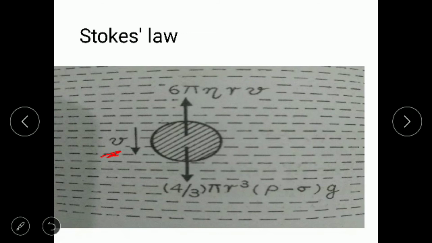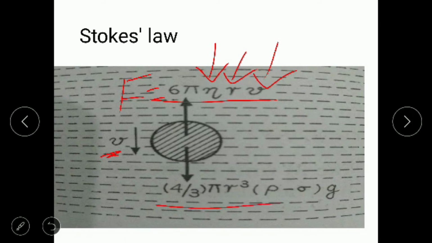Then the viscous force acting on the sphere, this ball over here, will be this much. This is what Stokes told us. This is the force acting on the ball due to the liquid, where nu is the coefficient of viscosity of this medium, r is the radius, and v is the terminal velocity. This is what Stokes has shown us.